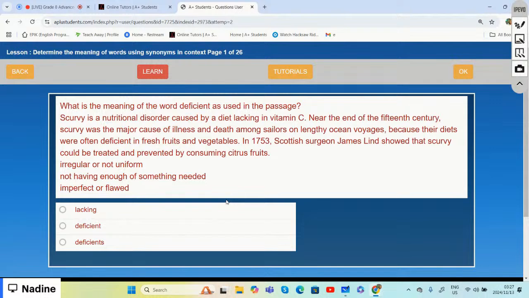So near the end of the 15th century, scurvy was the major cause of illness and deaths among sailors on lengthy ocean voyages because their diets were often deficient in fresh fruits and vegetables.